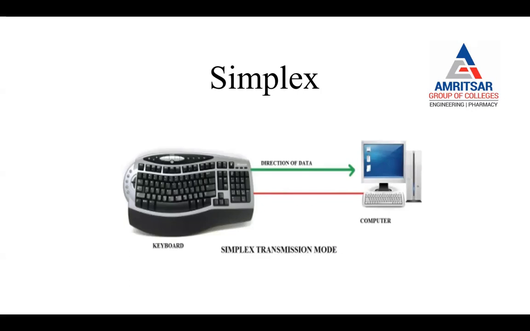Only one of the two devices on a link can transmit. The other can only receive. The keyboard and traditional monitor are examples of simplex devices. The keyboard can only provide input and the monitor can only accept output.